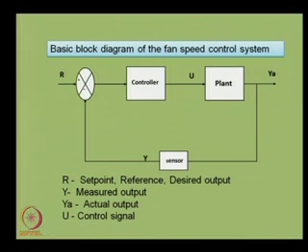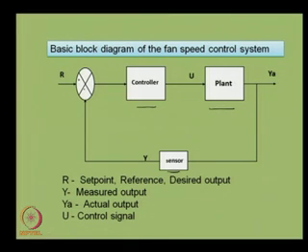Now, we shall see what the basic building blocks of a control system are. The basic building blocks of a control system comprise the plant, as shown here, which is a fan as we have seen earlier; the controller, which can be made up of electronic components or can be software programs; and a sensor, which is one of the most important parts of the control loop.